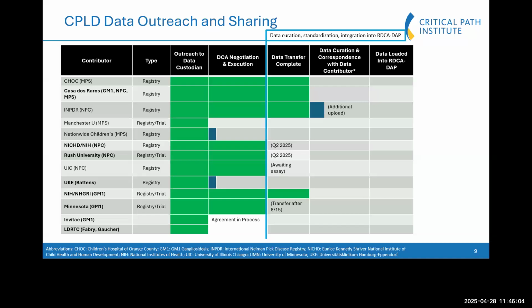And we know that having to retrospectively go back to how to data share is somewhat more challenging than prospective. So starting with the end in mind is obviously what we try to do, but obviously that's not always possible. Next slide, please.